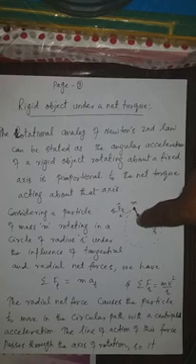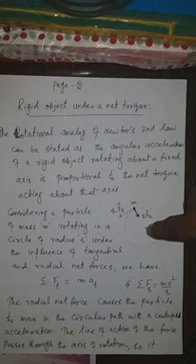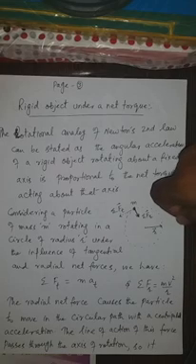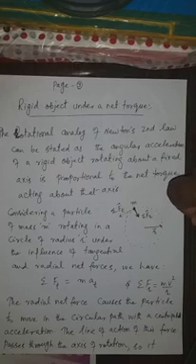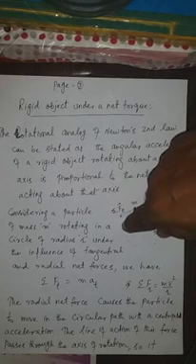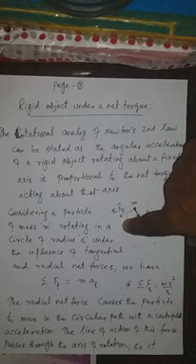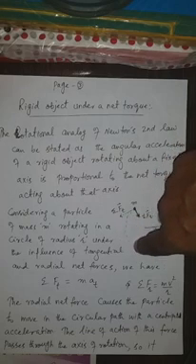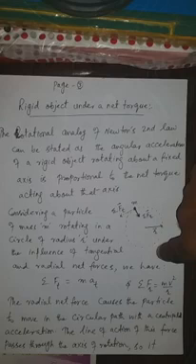Radial force is always directed towards the center of the circle, and tangential force is always tangent at the point where the force is being taken. If this force is to be taken here, then it will be in this direction. If it is to be taken here, then it will be in this direction.